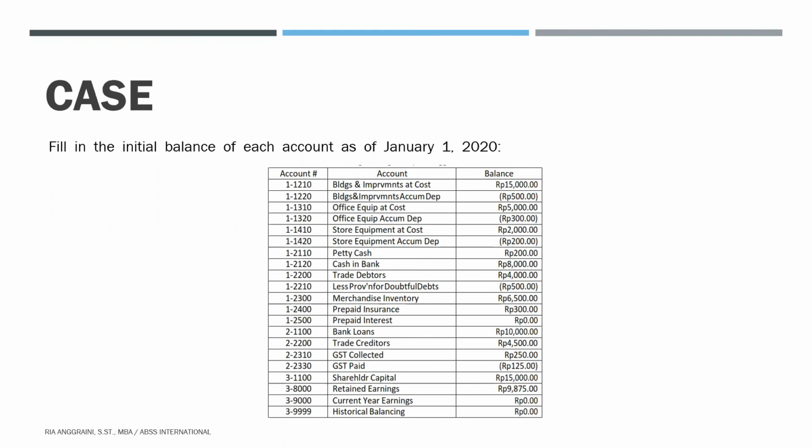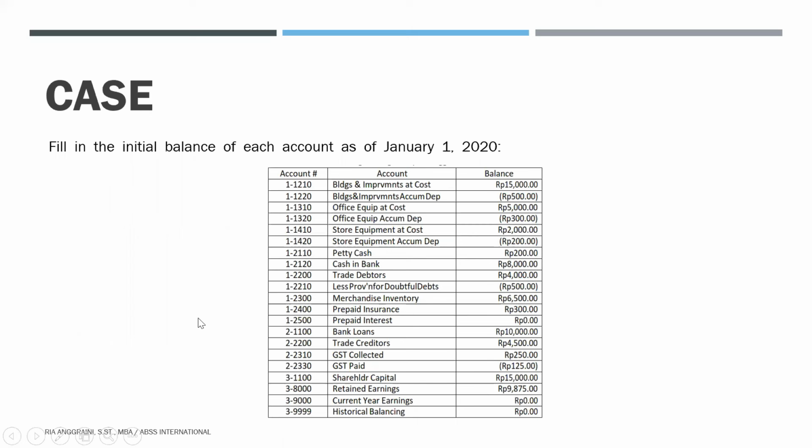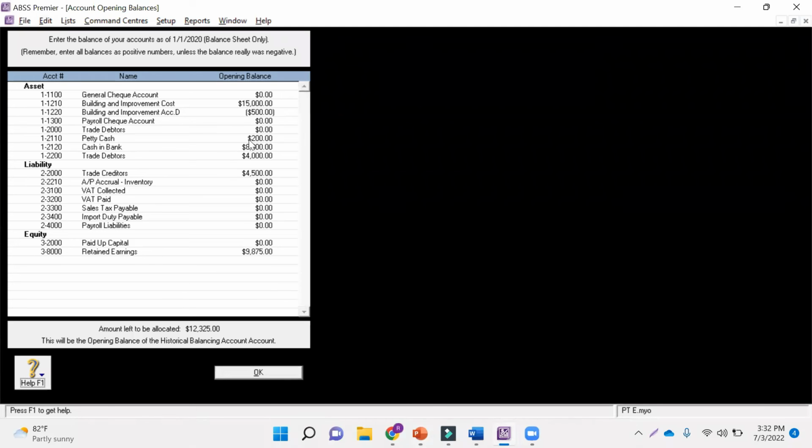What else do we have? Retained earnings maybe 9,875. So as I told you before, because I didn't enter all accounts, I cannot make the status account 0 here. The amount left to be allocated is 0. So make sure when you practice and follow this case, that you enter everything and then make it 0 here.